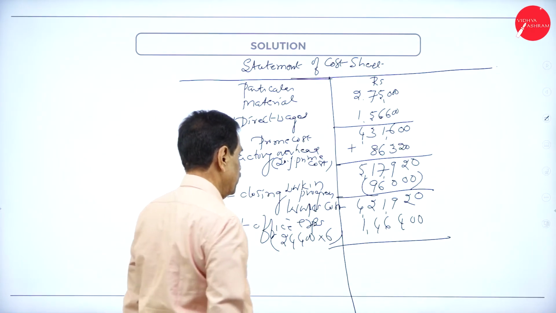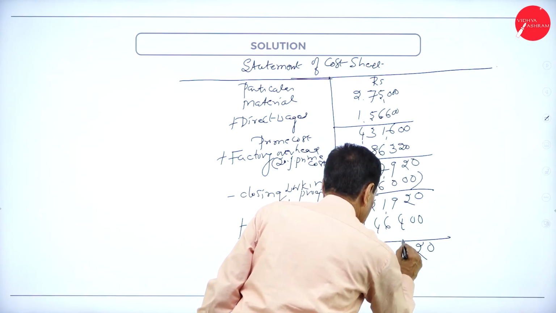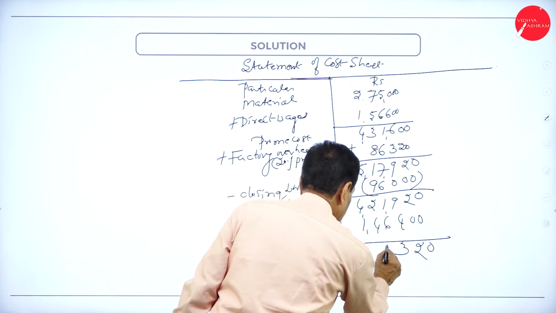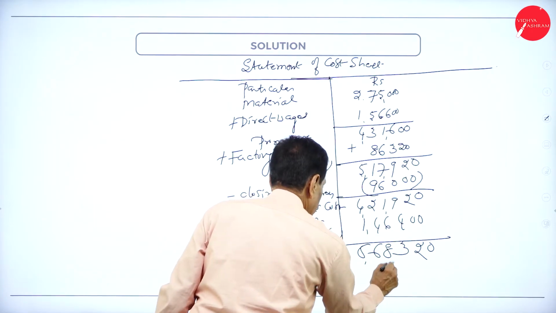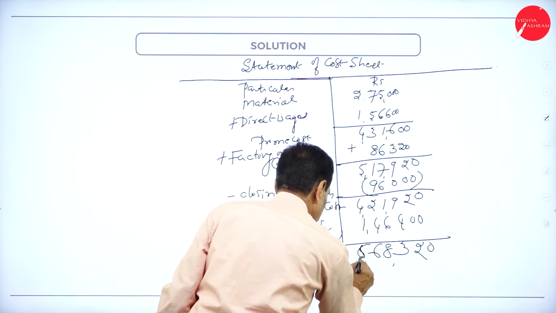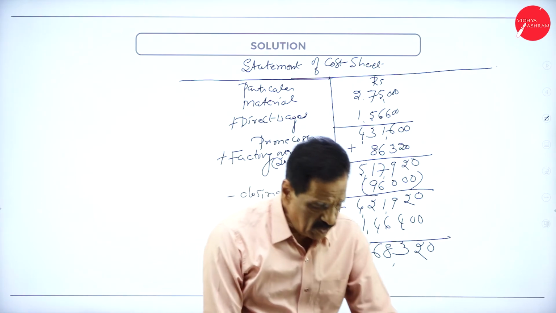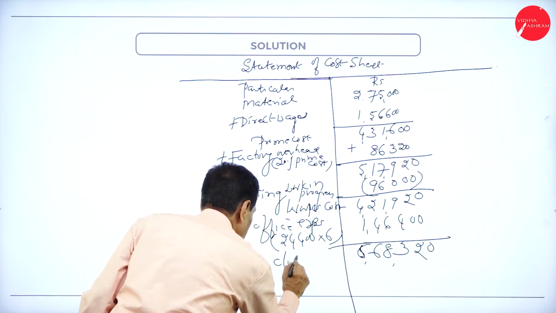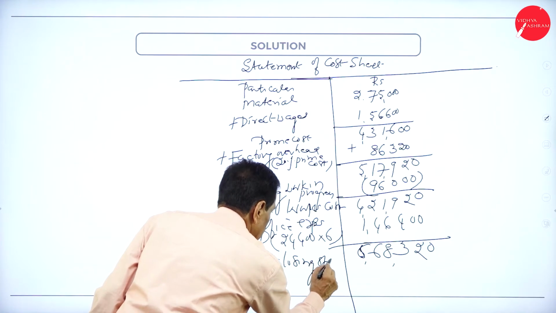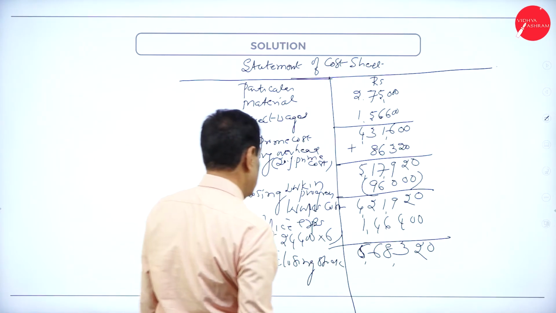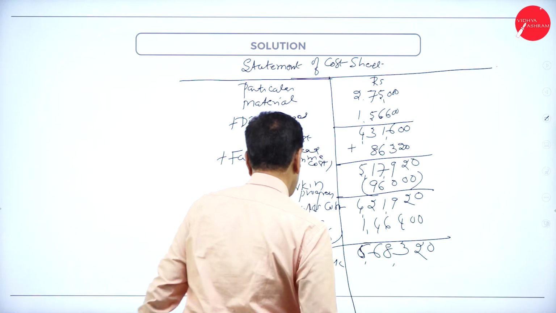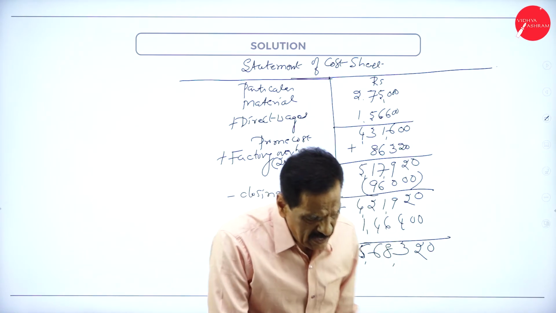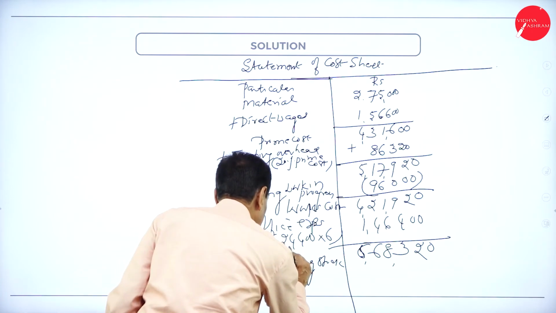Add the figure, 5 lakh 68,320 minus closing stock. What's your cost of production? This is 5,68,320 is your cost of production.